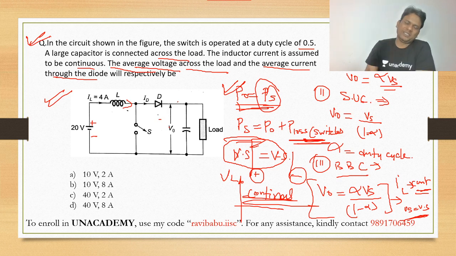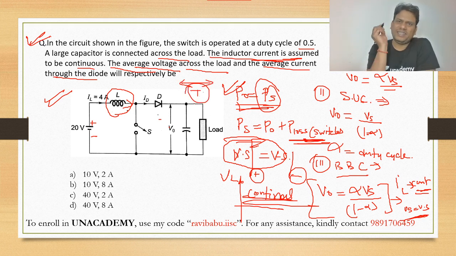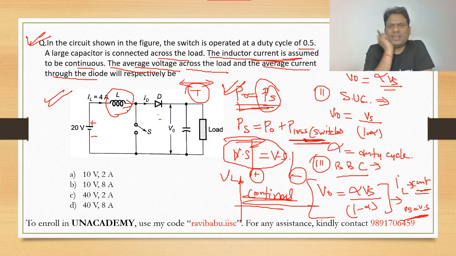So here it is written, my dear friend, the inductor current is assumed to be continuous. That means the value of L is capable of operating this system in any time interval of capital T, where T is the time period of one cycle.